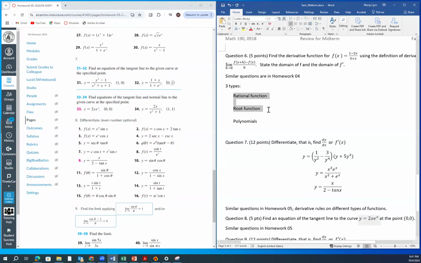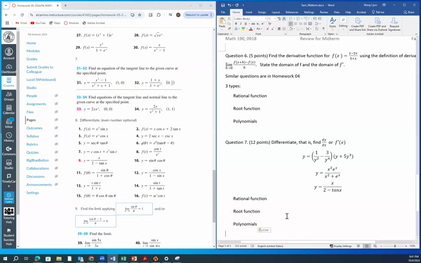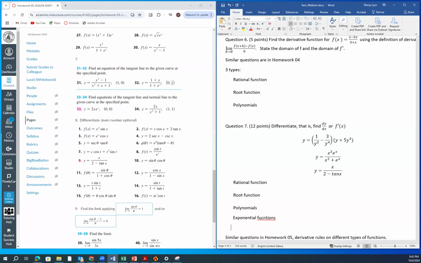Rational functions, root functions, polynomials. You know how to do derivatives for these, and also exponential functions. Right? What else?